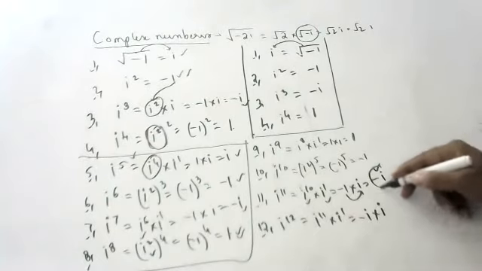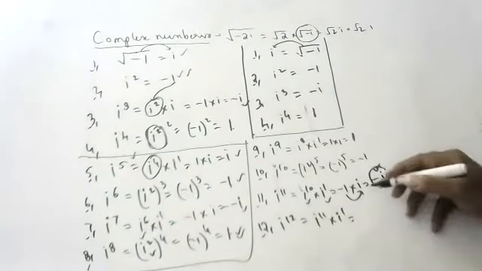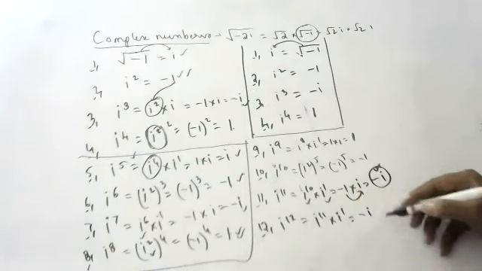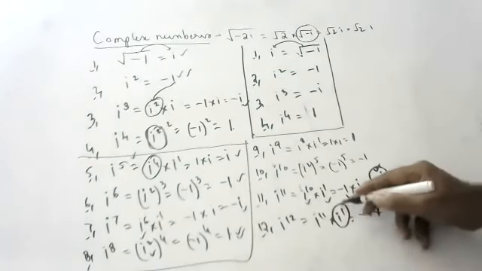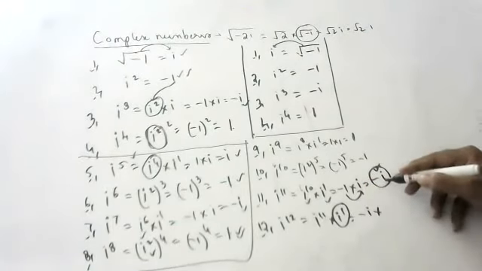Slowly I'm telling. I to the power of 11 is minus I. Only I you got here. So this is minus I.